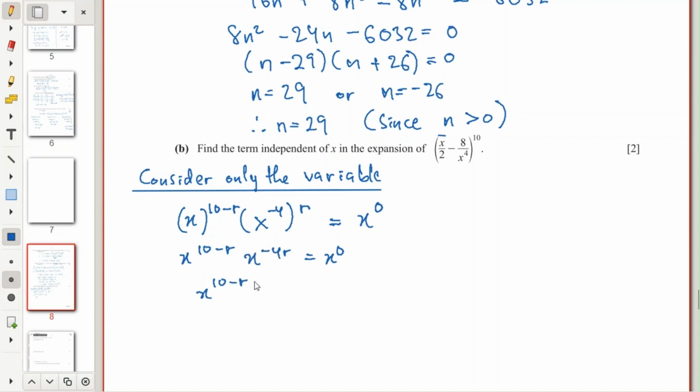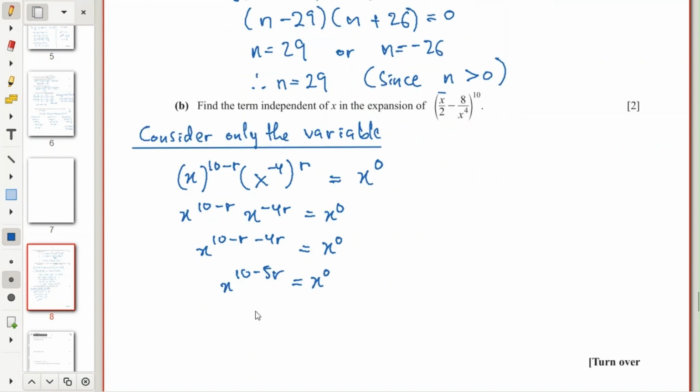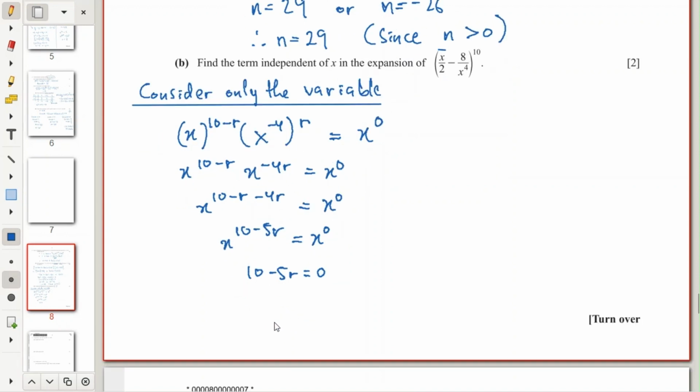So you're going to get this, and negative r minus 4r. Since the bases are the same, you equate the powers. So r will be what? If you solve this, you get r to be 2.